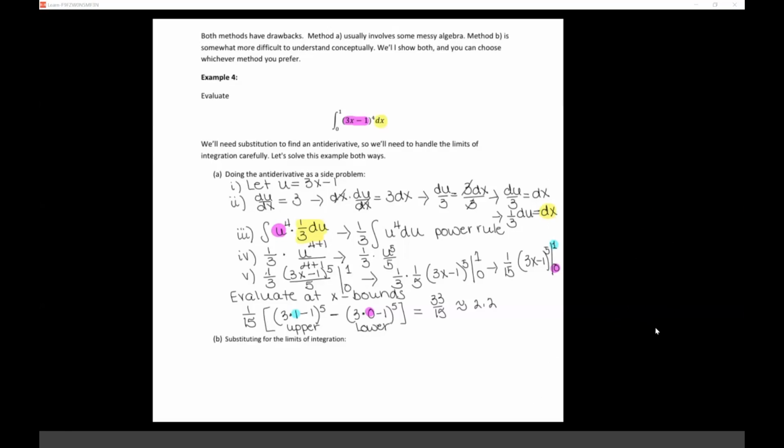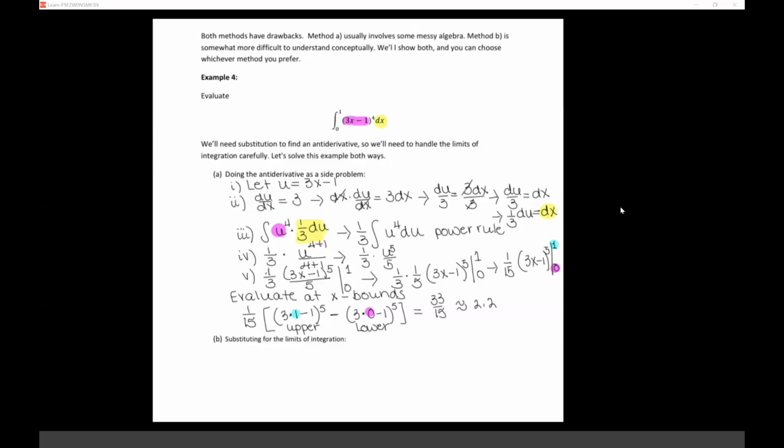3 times 1 minus 1 to the 5th. Step out of the exponent. Here's the lower bound, parentheses, 3 times 0 minus 1 to the 5th. And close the parentheses, that would be square brackets.